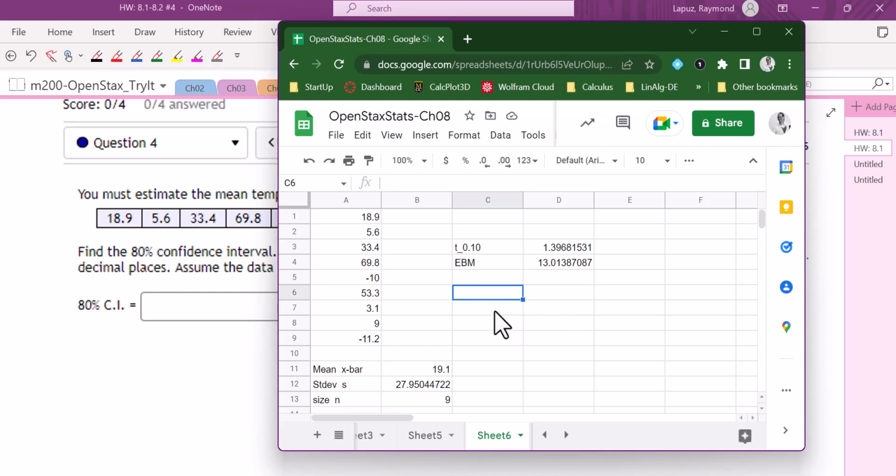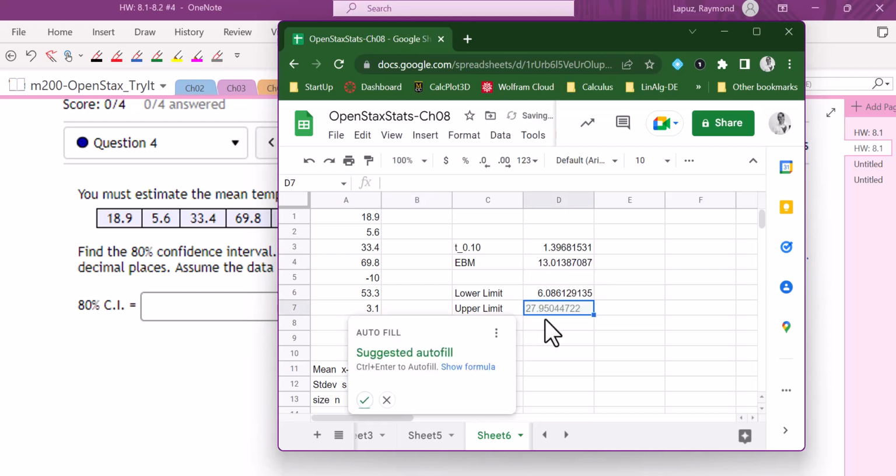Okay, now we want to find the lower limit and upper limit. That's just taking your mean and then adding and subtracting the error bound. So for that, I'll say equals, and then I'll click on the mean, minus the error bound, enter.